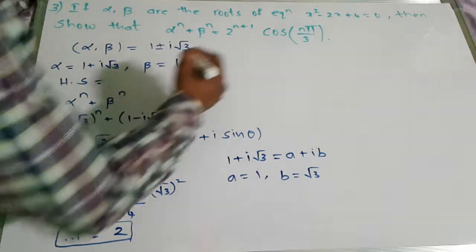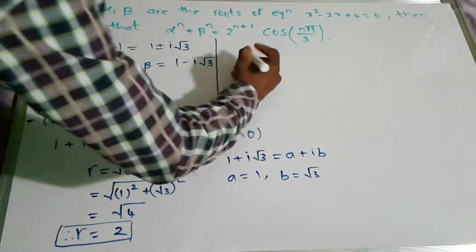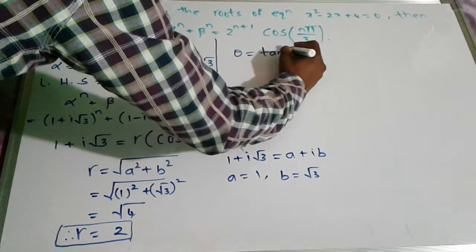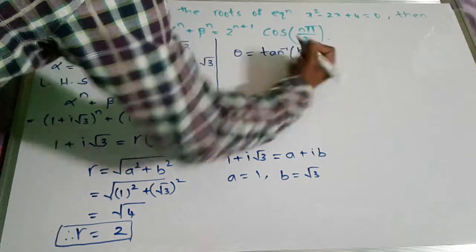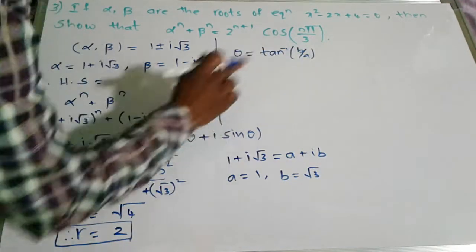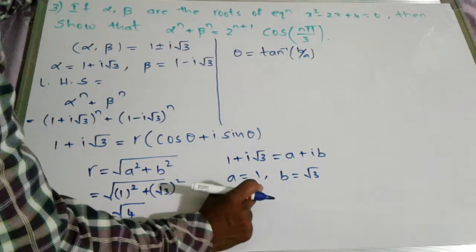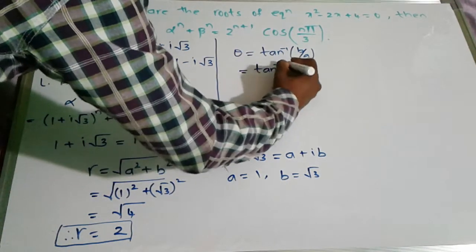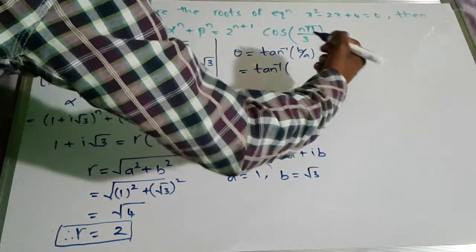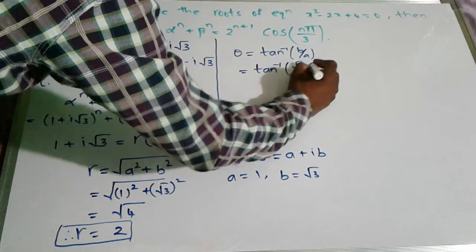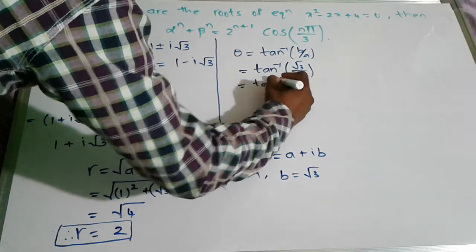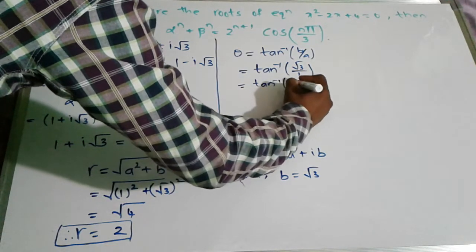So let's find theta. Theta equals tan inverse of b by a, and we have b as root 3 and a as 1. So I am substituting over there. So tan inverse of root 3 by 1, that is tan inverse of root 3.